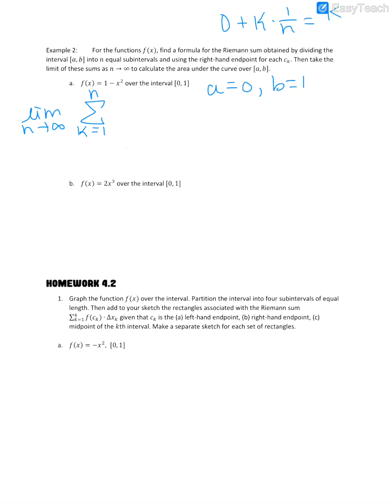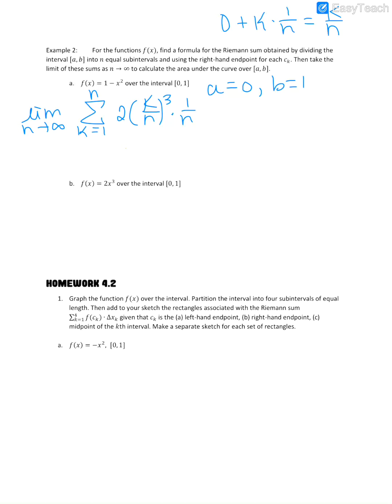Okay, so in this one, we still have k over n for what we're plugging in there. And then this one is 2x cubed, so we're plugging that in, 2k over n cubed. All right, plug that in, times b minus a over n. So b minus a over n, b minus a is 1, so 1 over n.